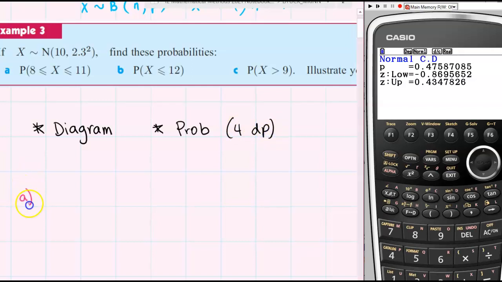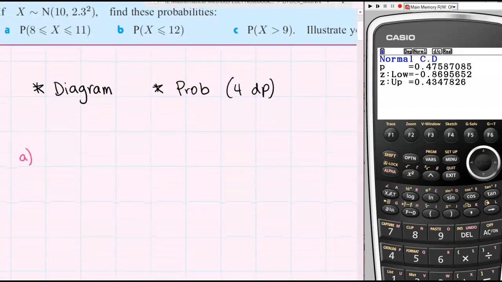What sort of diagram do you think I'm going to be drawing? A bell curve, lovely. It doesn't have to be perfect, but you draw some sort of bell curve. On that bell curve, what can I label? Mean, lovely. Mean is 10.